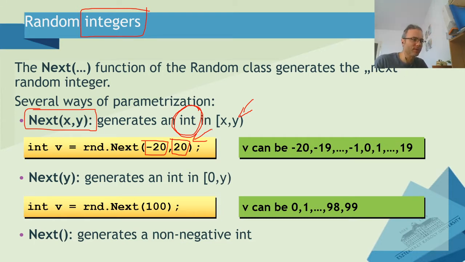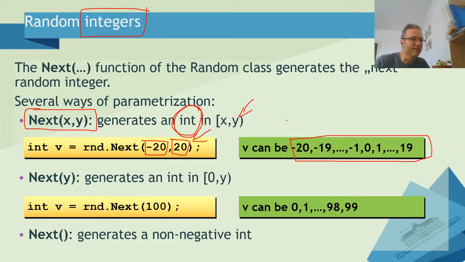So it's not part of the range. Basically, it's decreased by 1. So in this case, you can generate numbers up to 20 minus 1, so it is 19. So you shouldn't forget about this. The lower bound is an inclusive bound, so it's all right, but the upper bound is non-inclusive.